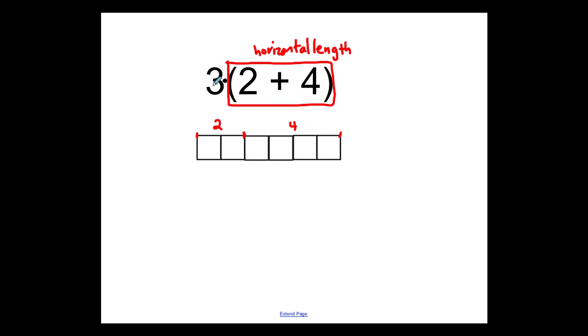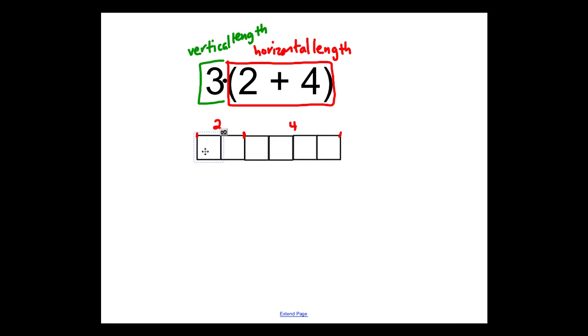Now what does this 3 tell us? This 3 tells us that we're going to have 3 copies of this. Well, to show area, I'm going to now use this number 3 as my vertical length. So this will be how long my vertical length goes, and vertical means up or down. So this is going to have a vertical length up and down of 3 units.